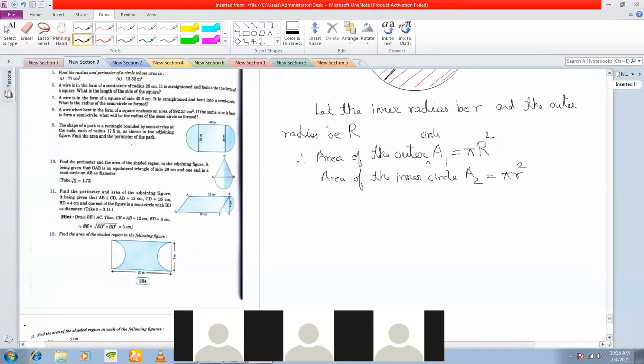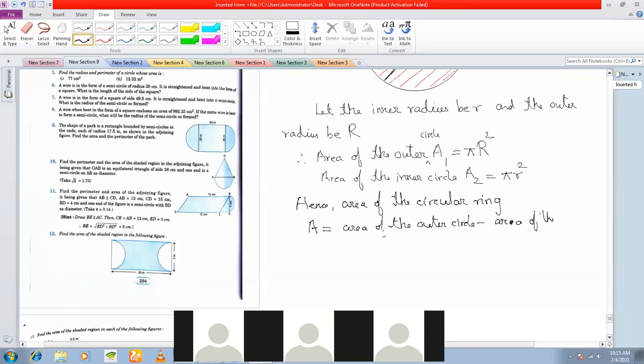So what should be the area of the shaded part, or area of the circular ring? Hence, area of the circular ring, say A, is equal to area of the outer circle minus area of the inner circle.